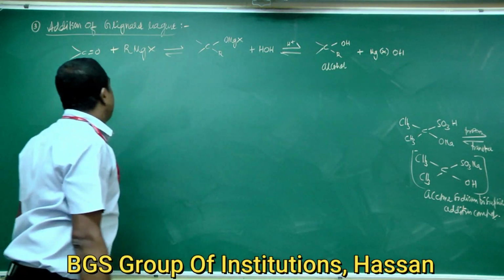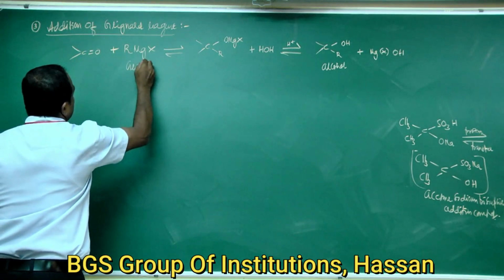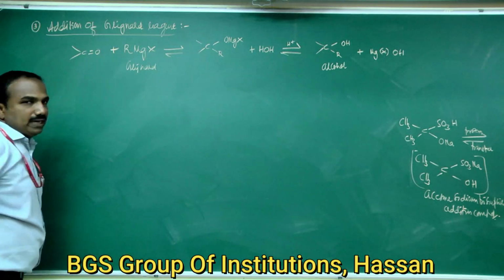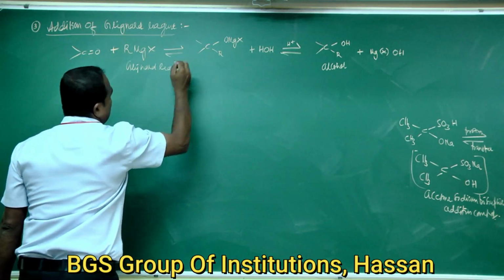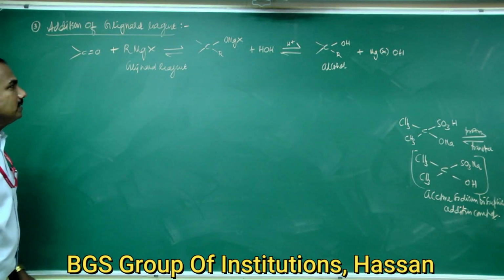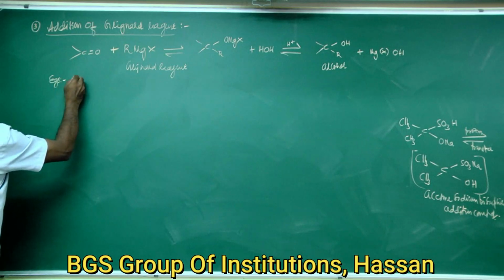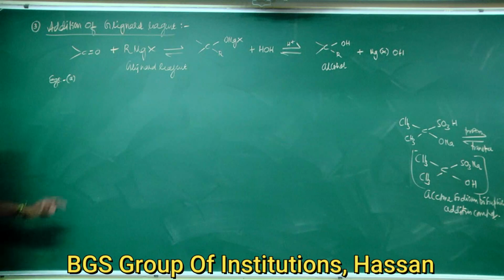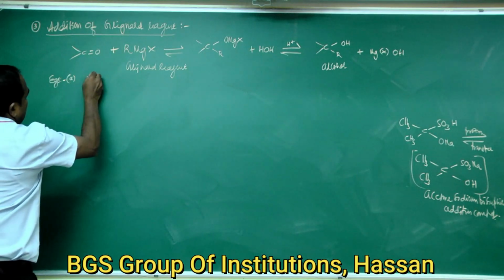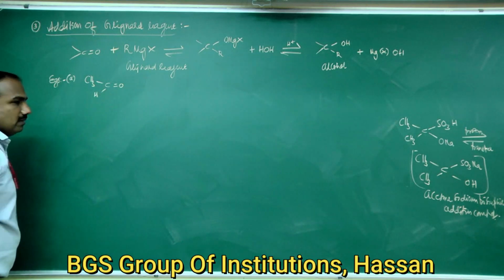So carbonyl compounds treated with Grignard reagents, alkyl magnesium halide called Grignard reagent, give alcohols. So you take examples. First, the aldehyde, that is CH3-C=O.